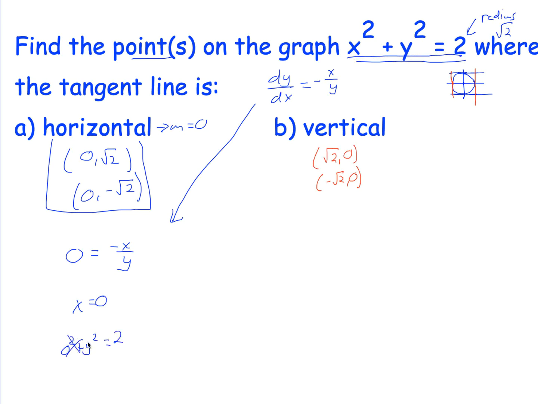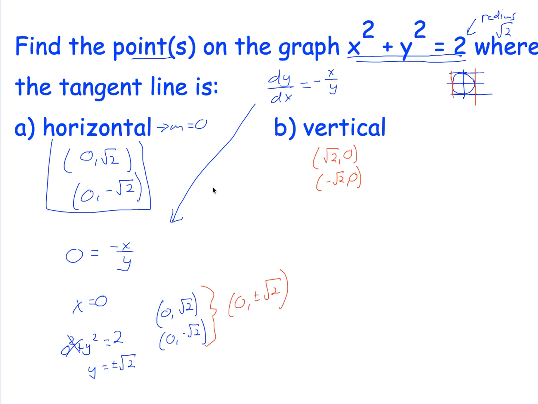This is just 0. We could take the square root of both sides. Y equals plus or minus the square root of 2. And so our points are when x was 0, y was either equal to positive root 2 or negative root 2. You can actually write it like this, where you put 0, plus or minus root 2.